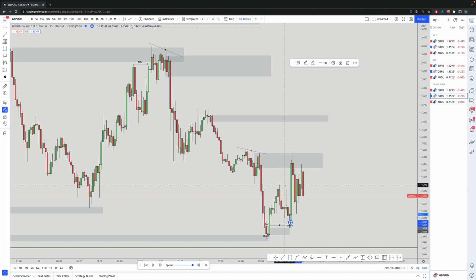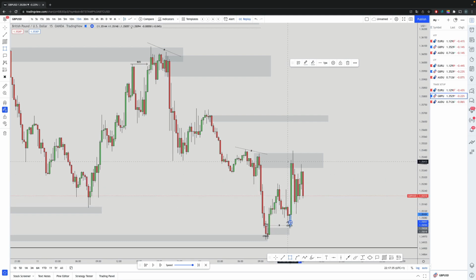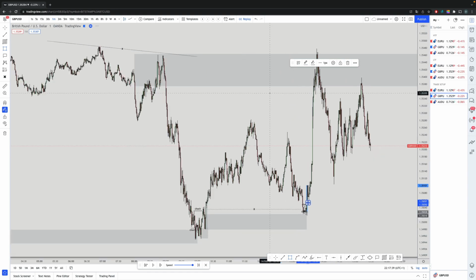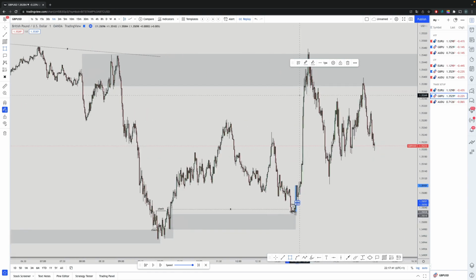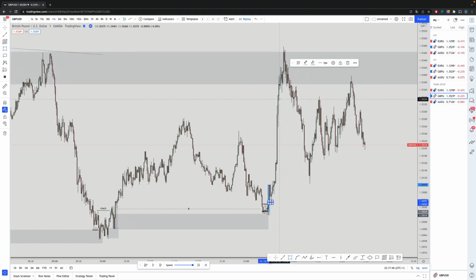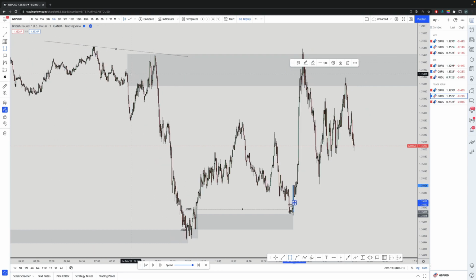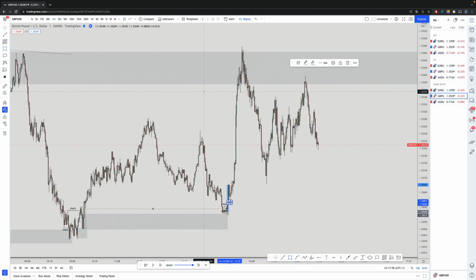Initially I planned it a little bit lower, but then the price moved so crazy, so I closed it manually around that area, and it was 35R. I was happy. Price just went up even higher, it took out the liquidity here. Pretty nice. It came into the supply there, which was obviously already mitigated, but okay, cool.